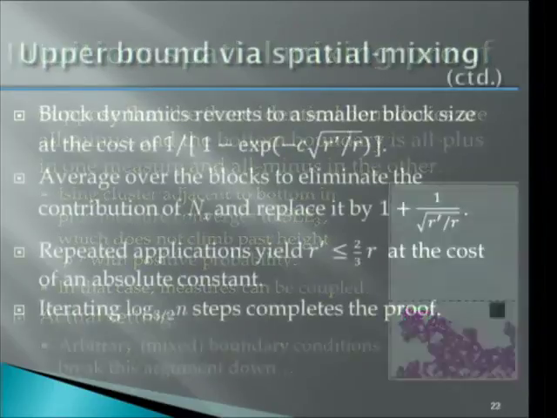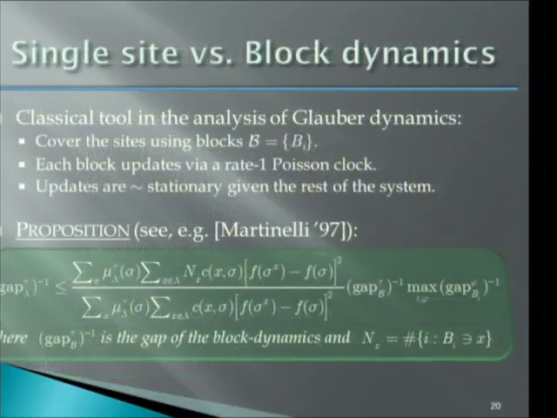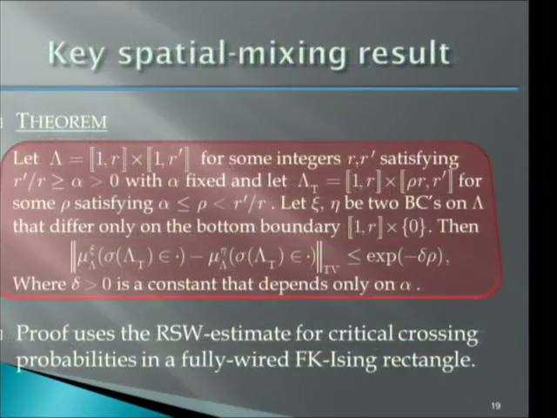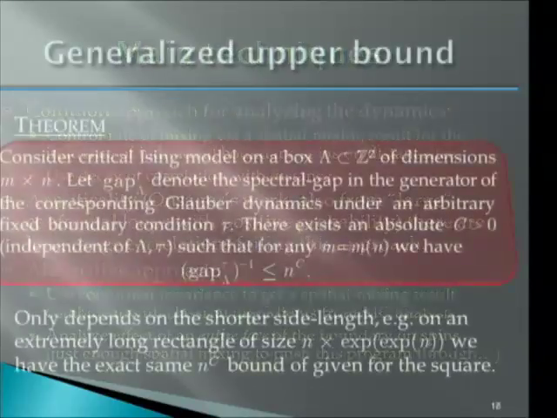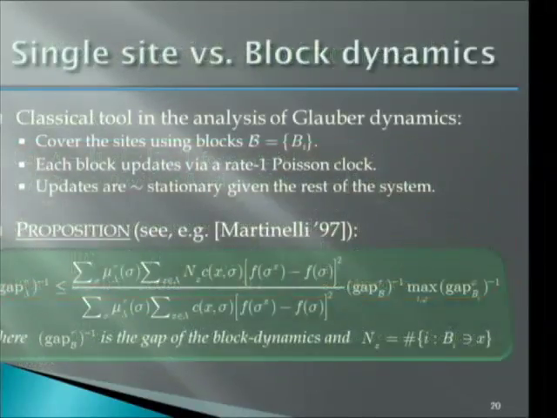However, let me just say why, I mean, this is what started our approach, but of course it fails miserably. The reason it fails miserably is that there's a small detail in the proposition on the block dynamics, the maximum over phi.